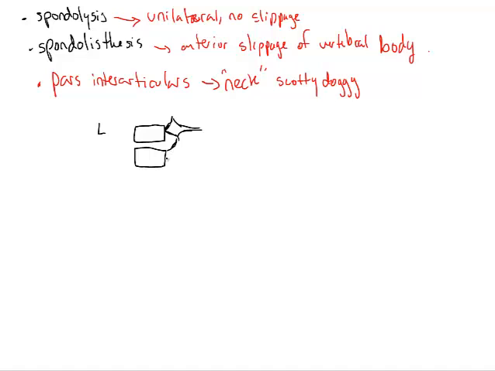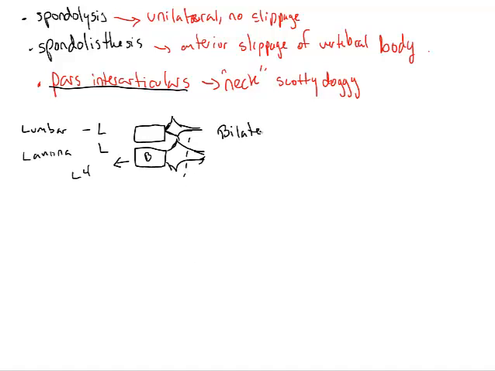At the lumbar spine, the Scotty dog break, the pars interarticularis, that break has to be at the lamina. So again, lumbar lamina. So if a guy gets into an accident, he has anterior slippage of his body for L4. That's a laminar break, bilateral laminar break.